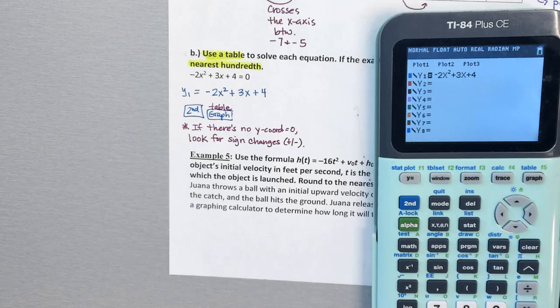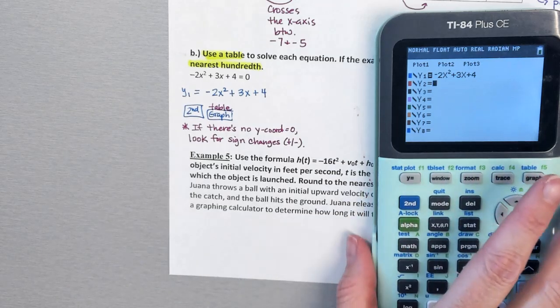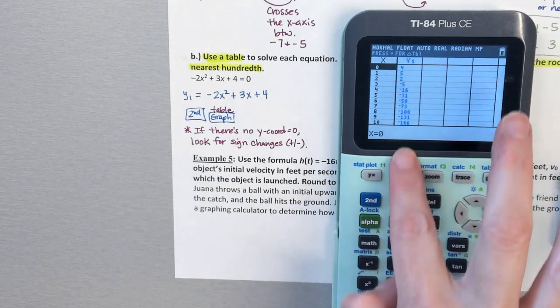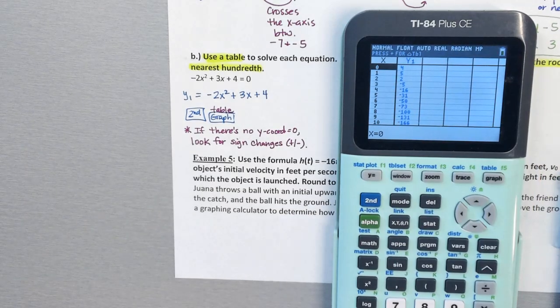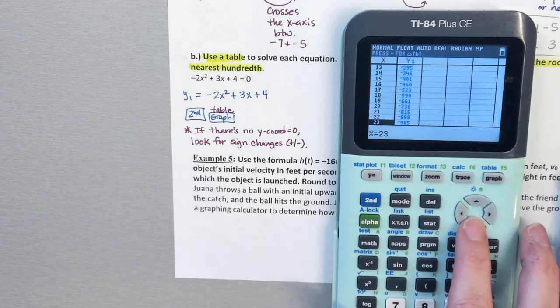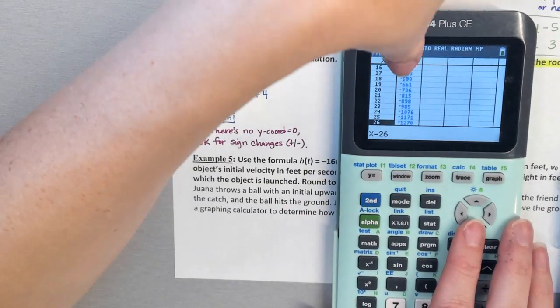Okay, so that's what I want you to do right now. I want you to go to your table. I want you to scroll to see if you can find a 0, and if not, we're going to find the sign changes. Well, let's look at the pattern, right? What's happening here?